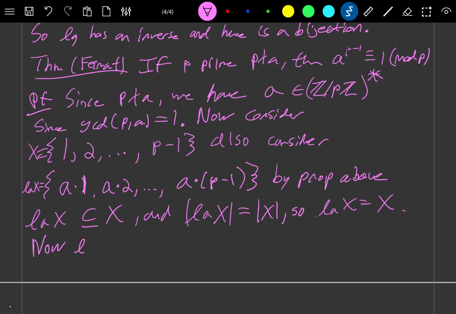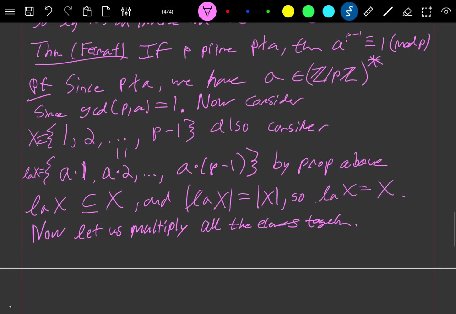So now, let us multiply all the elements of X, and since these two sets are actually equal, let's just multiply everything in this set together.